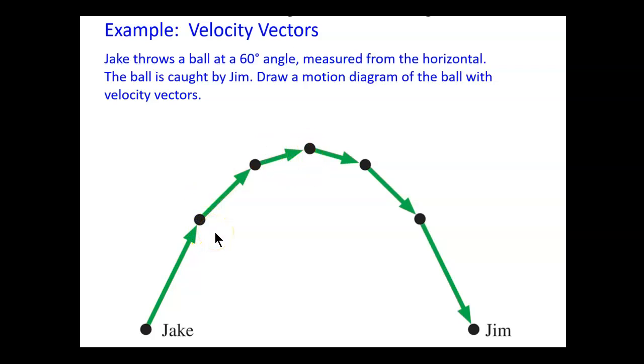In fact, as it's traveling up, its velocity vectors in the y direction are getting smaller and smaller. And you'll notice in the x direction, the ball is right here, so this is 0 seconds, this is 1 second, this is 1 second, this is 1 second there. From 0 to 1 second, it's the initial velocity vector in the y direction, and then it gets smaller and smaller.